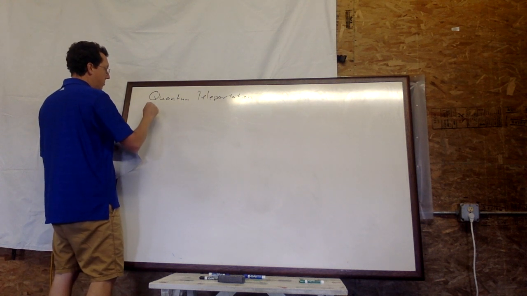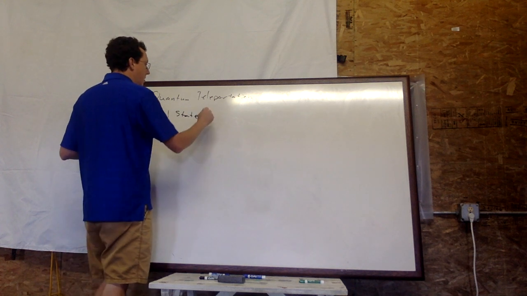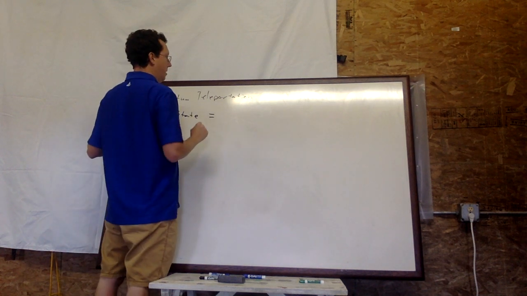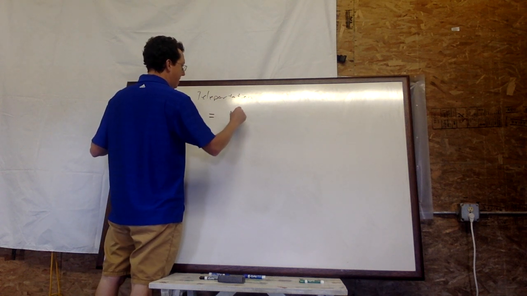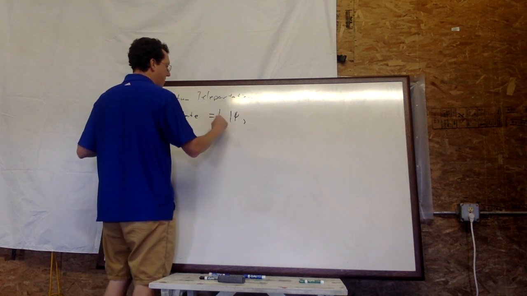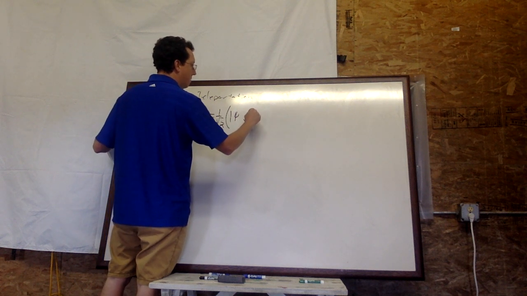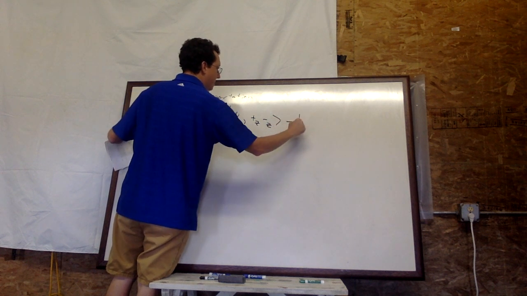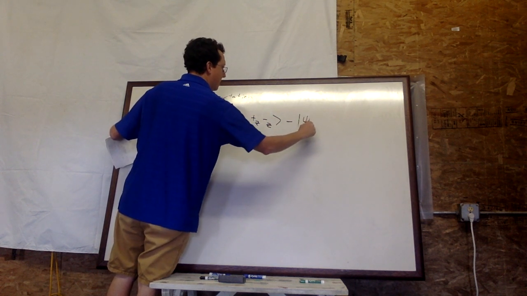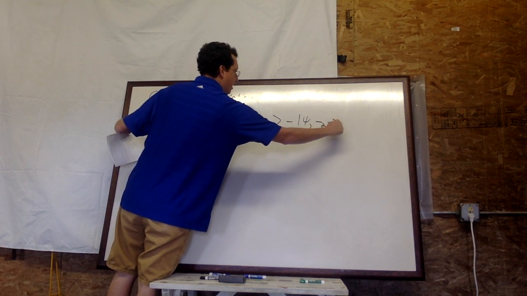So the total state is, okay, it could be psi, 1 over root 2, I forgot that in the notes, 1 over root 2, psi plus z minus psi minus z plus z.